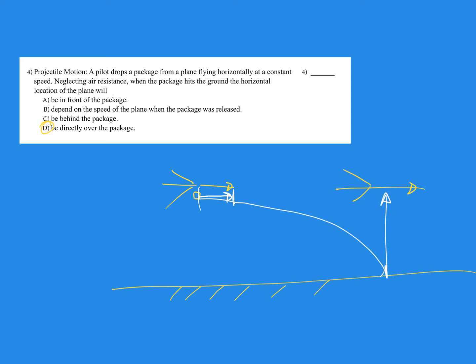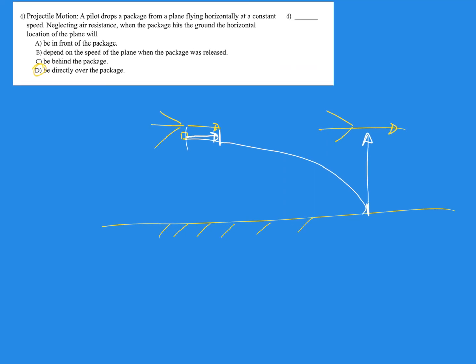You write the equation and you can see it clearly. The equation of the plane, x of the plane, is v0x times t. Choose the origin O here.